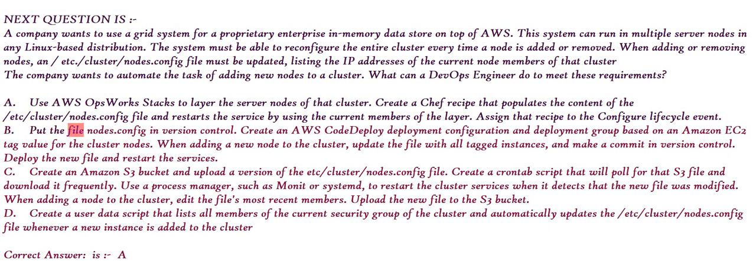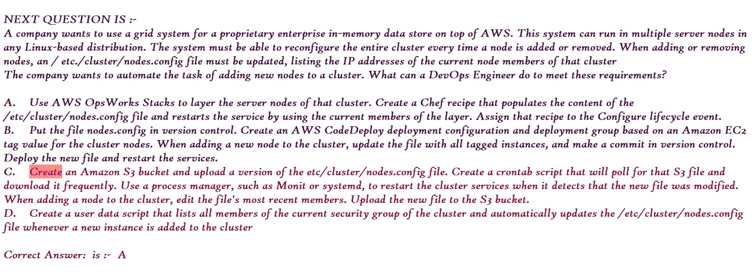B. Put the file nodes.config in version control. Create an AWS CodeDeploy deployment configuration and deployment group based on an Amazon EC2 tag value for the cluster nodes. When adding a new node to the cluster, update the file with all tagged instances, and make a commit in version control. Deploy the new file and restart the services.